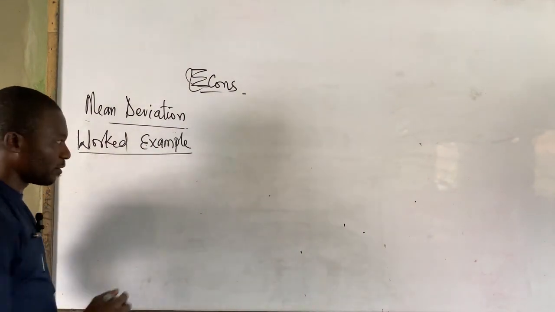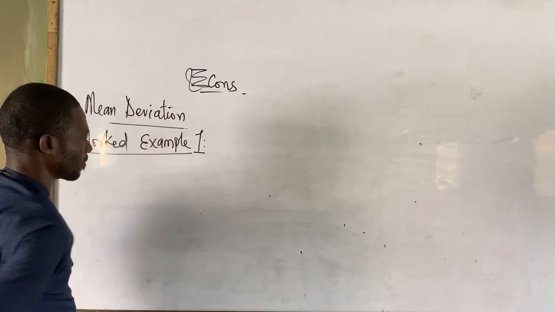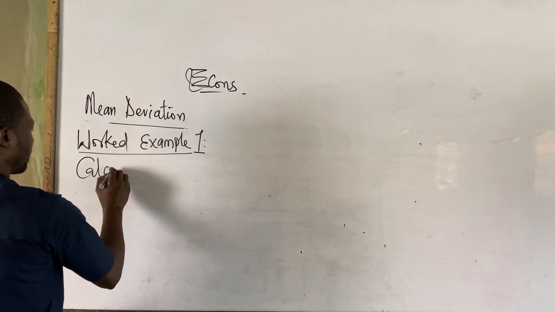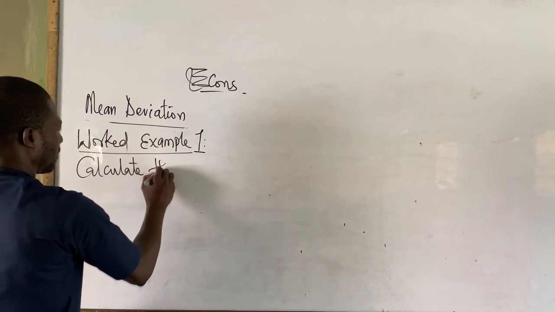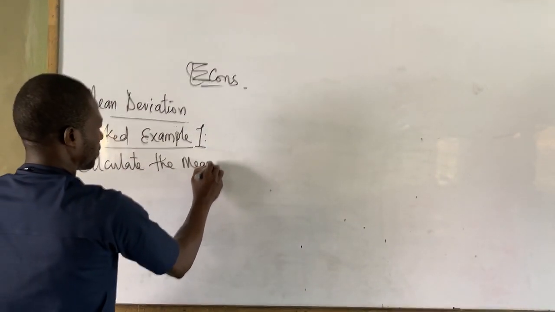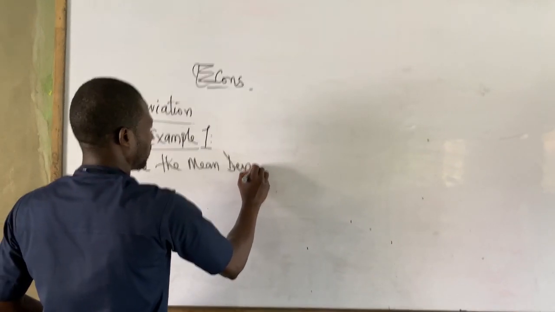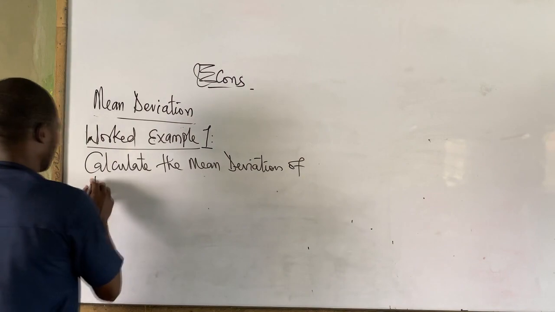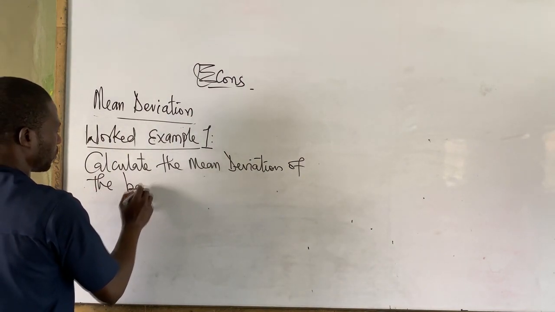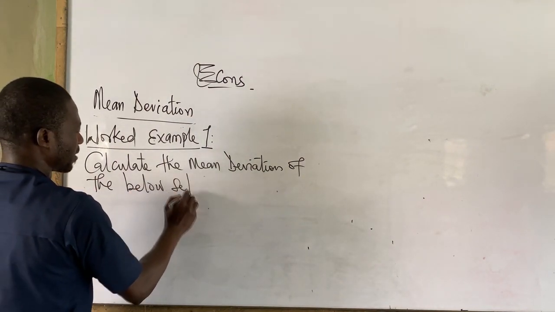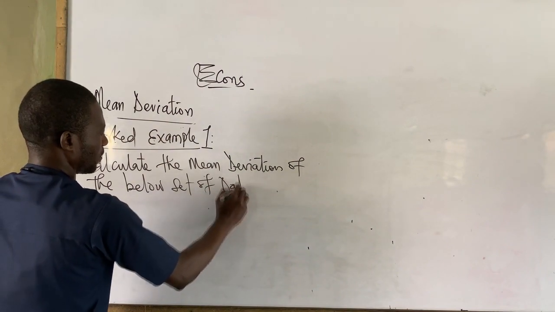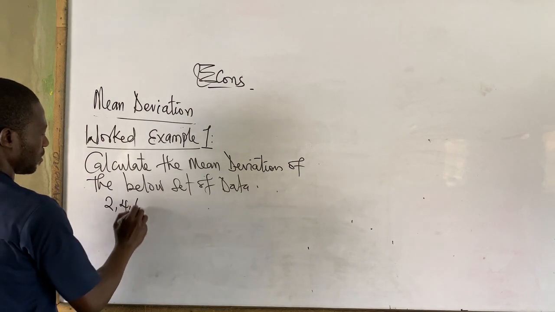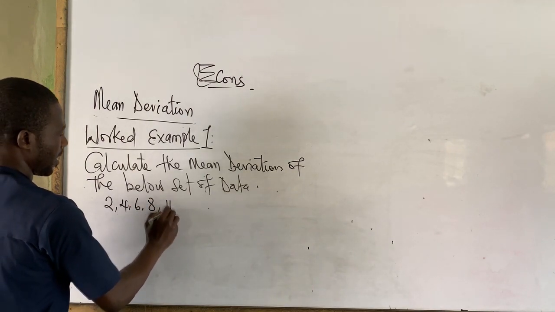For calculating mean deviation, worked example 1. Calculate the mean deviation of the below set of data: 2, 4, 6, 8, and 10.